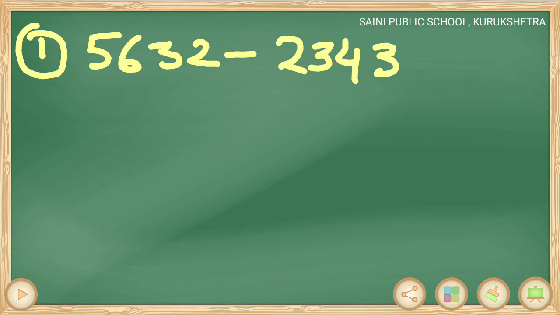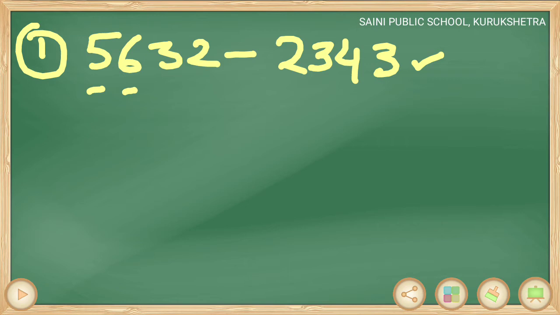So here is an example. First example is 5632 minus 2343. First of all, we will subtract these two numbers and then we will check whether our answer is right or wrong. So let us start.